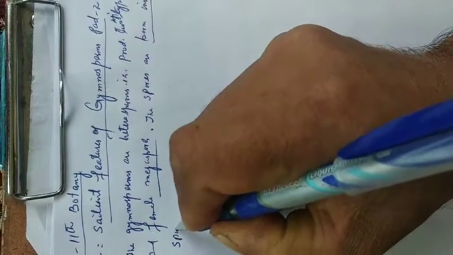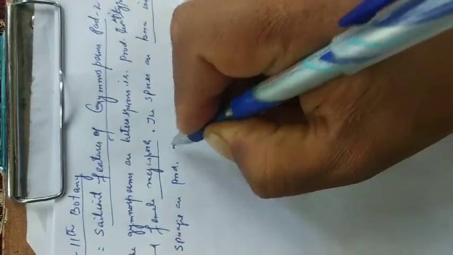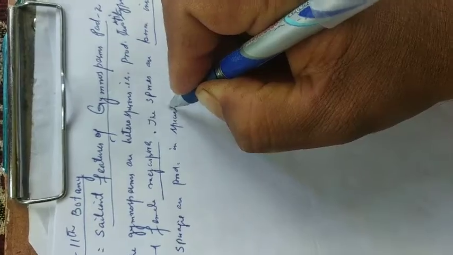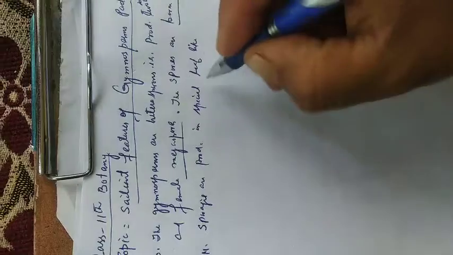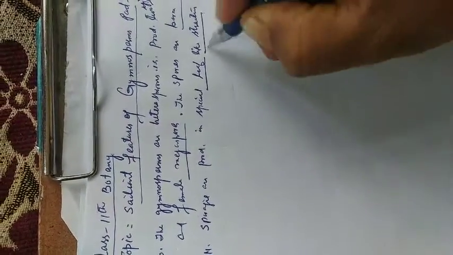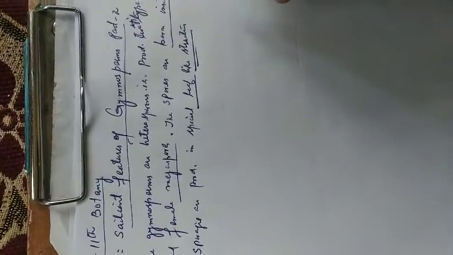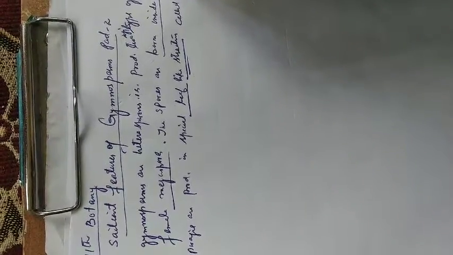These sporangia, male and female, are produced in special leaves called sporophylls.